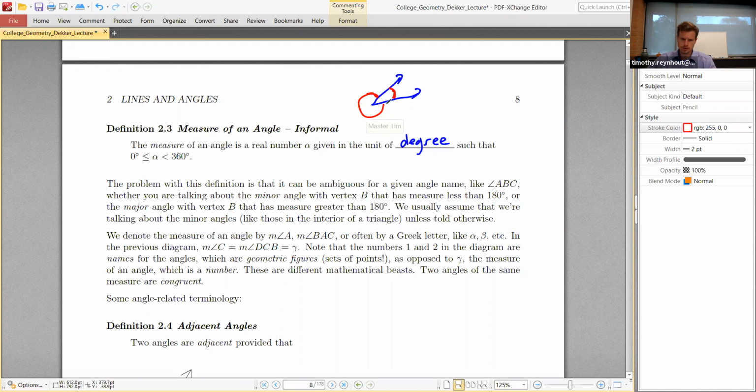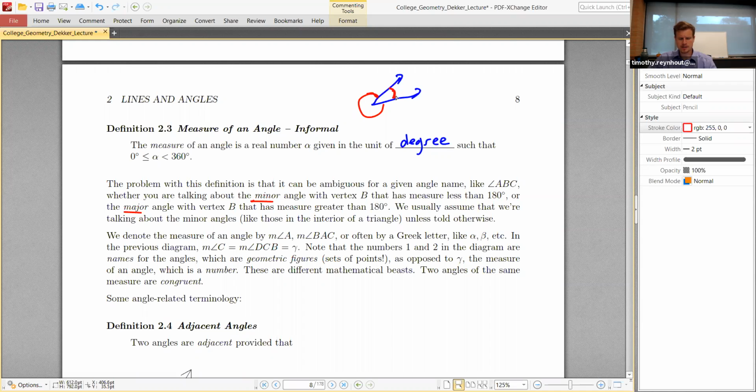So in geometry, what we're typically going to be referring to is the angle measure that is less than 180 degrees. You get these words right: one is called minor and one is called major.